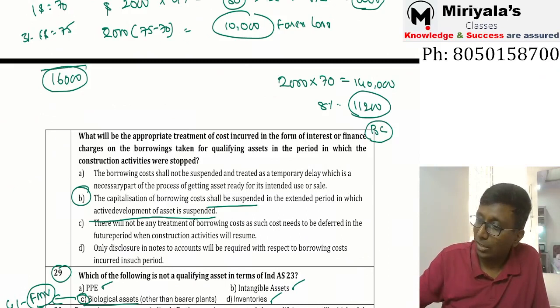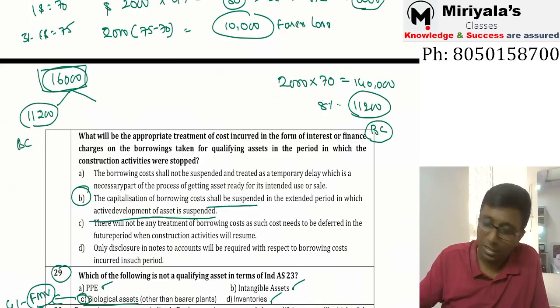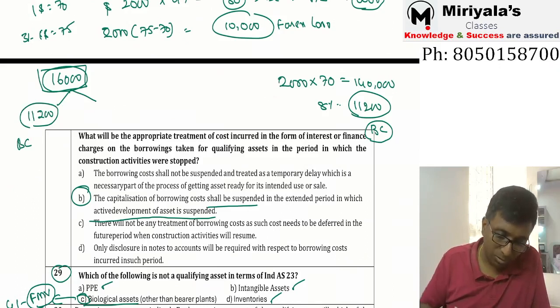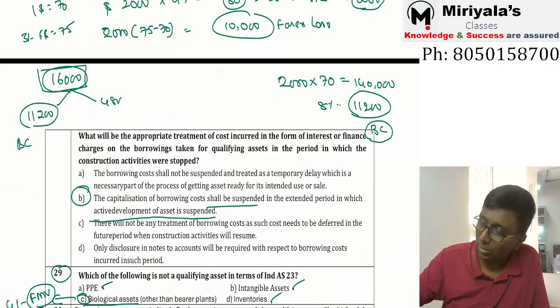But right now, what is the cost I have incurred? 16,000. That's why, to the extent of 11,200 it should be borrowing cost, and if I subtract it from 16,000, that is 4,800 rupees. To this extent, it is going to be forex loss.